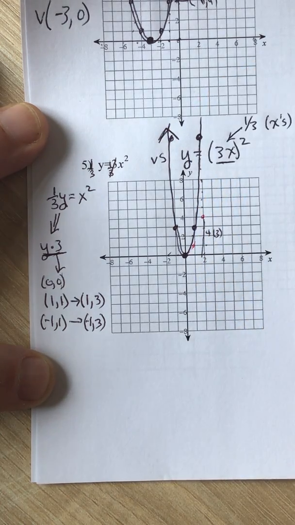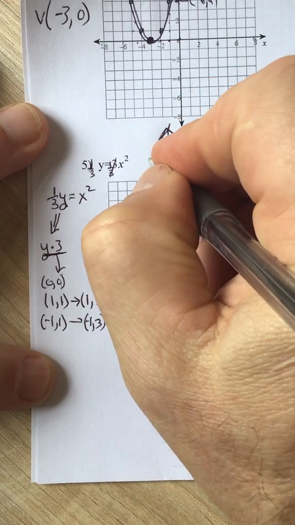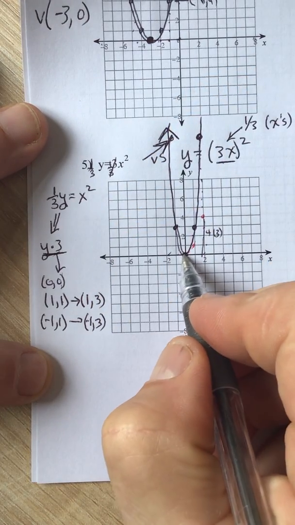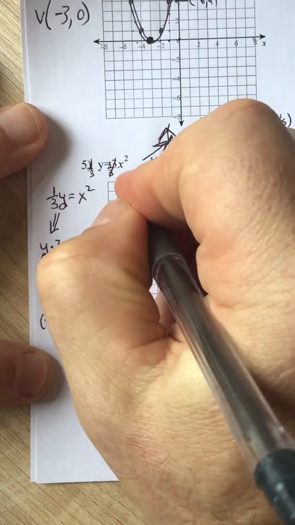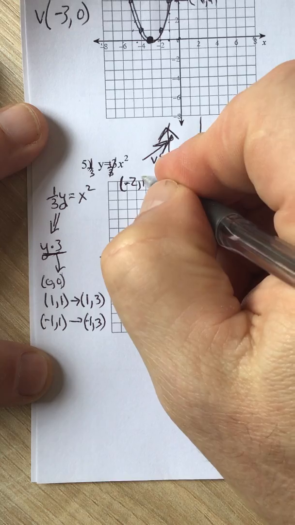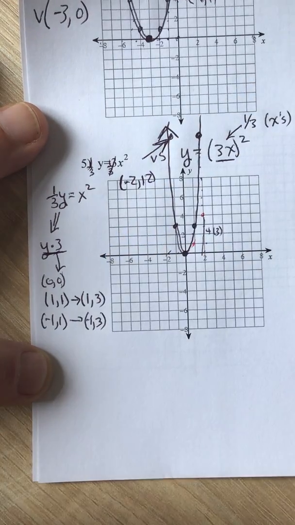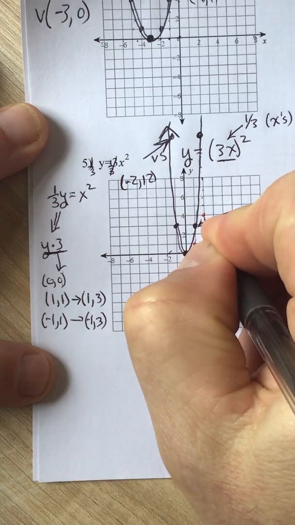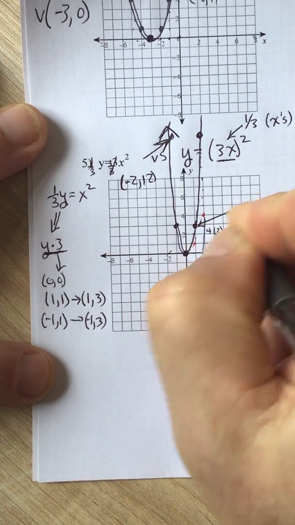Now there's certainly times where I'll ask you, okay, specifically, what is that pixel right there? Well, it was over 2, so that pixel's at -2, and then it went up 12, so that pixel right there is at -2, 12. That one right there is at 1, 3.